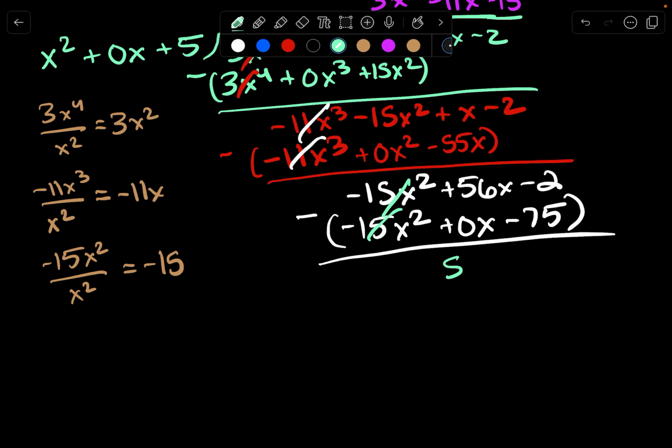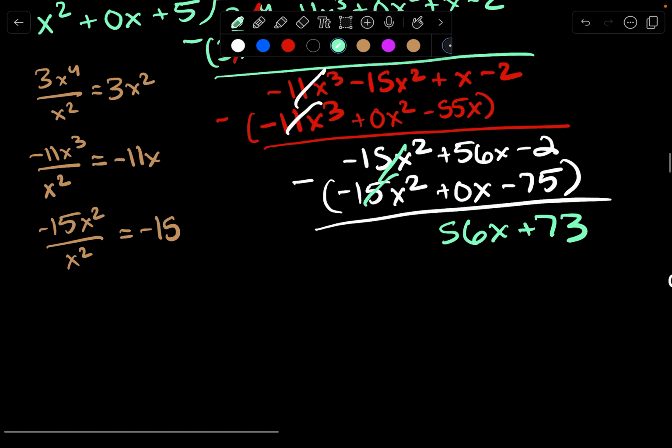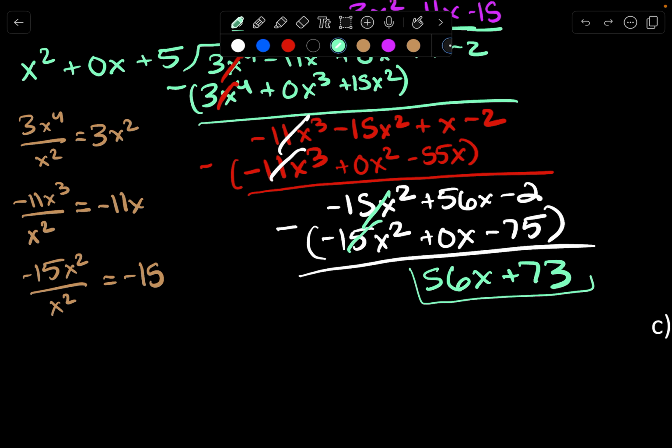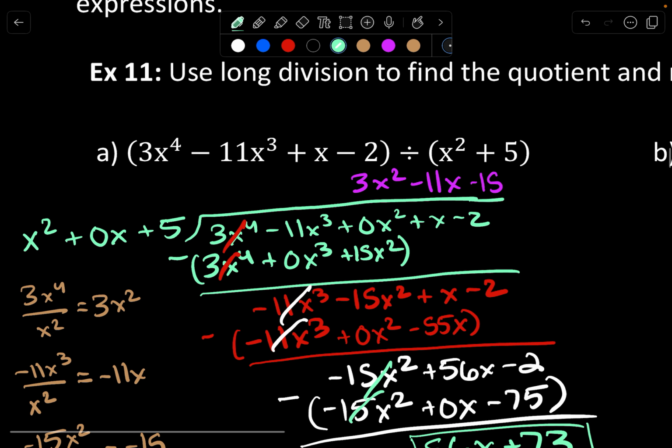We get 56x, and then negative 2 minus negative 75 gives plus 73. Now we have a constant up here, so we're done. Our quotient is done, and the remainder is down here. Up top is our quotient.